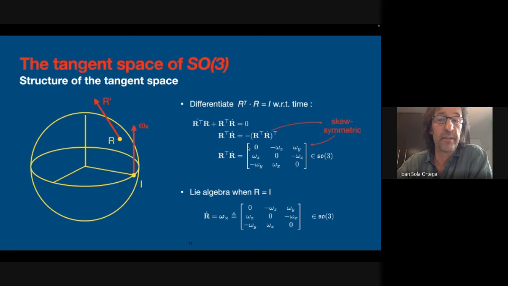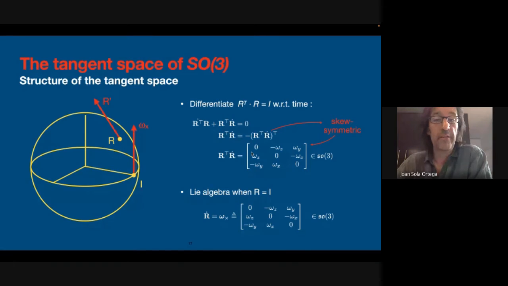What elements are minus their own transposes? They are all skew-symmetric matrices. If you want to satisfy this, you need a matrix Rᵀ Ṙ which has this form. You cannot escape from this form. This is equal to minus its own transpose. Because of this, you have 3 degrees of freedom. You have 3 zeros here, and every element off the diagonal is related to the other one with a minus. So you have 3 degrees of freedom for the Lie algebra.